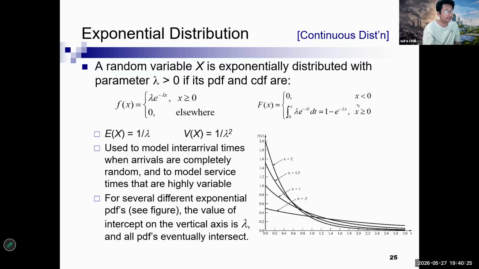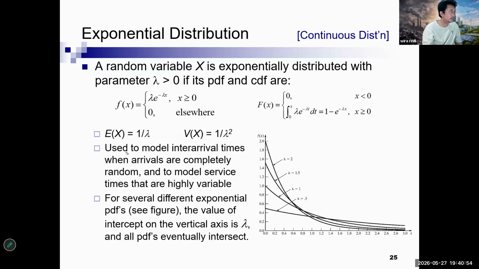Then we have the exponential distribution. This is what it looks like. The exponential distribution is commonly used to model time between random events. Let's say the first random event is a customer arrival at time 0. The next arrival would be exponentially distributed.